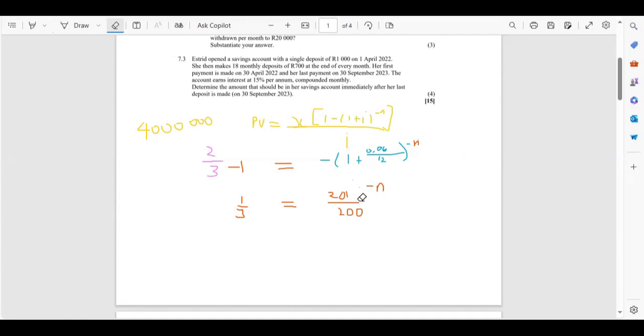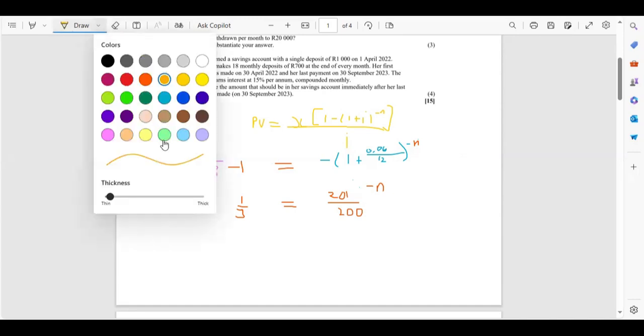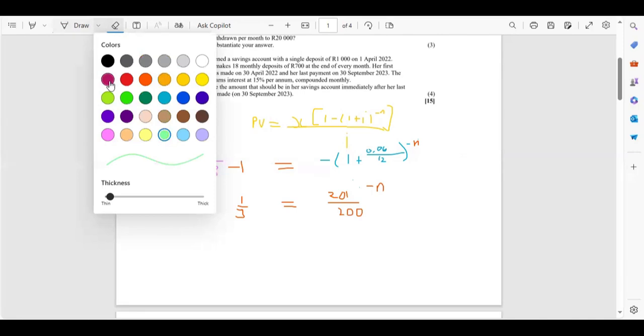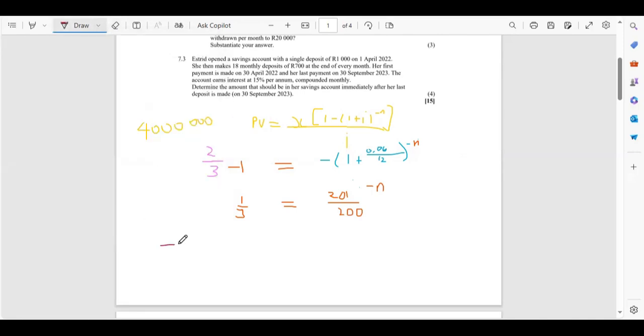Now, remember, we said every time whenever you solve for exponents, you need to make use of logs, right? So in this case, let me draw this using a different marker. So I would say my minus n is equals to the log of, now my base is anything that was attached to my minus n, in this case 201 over 200.